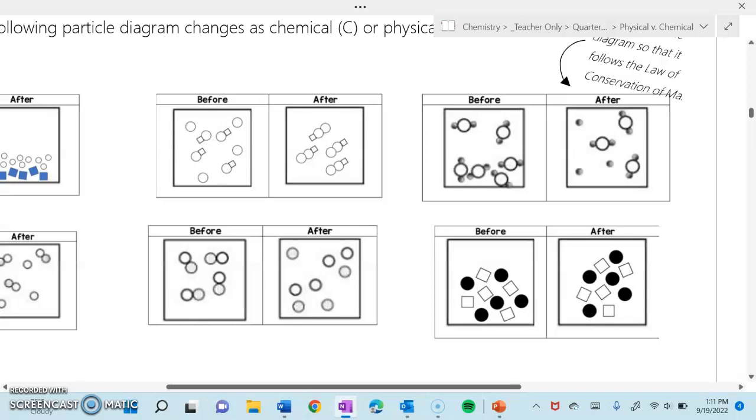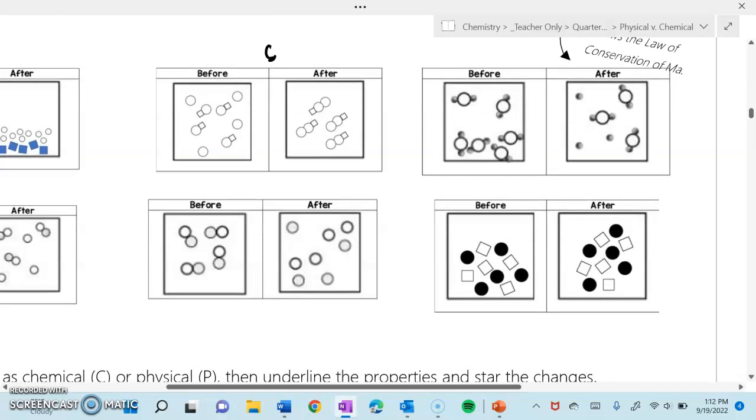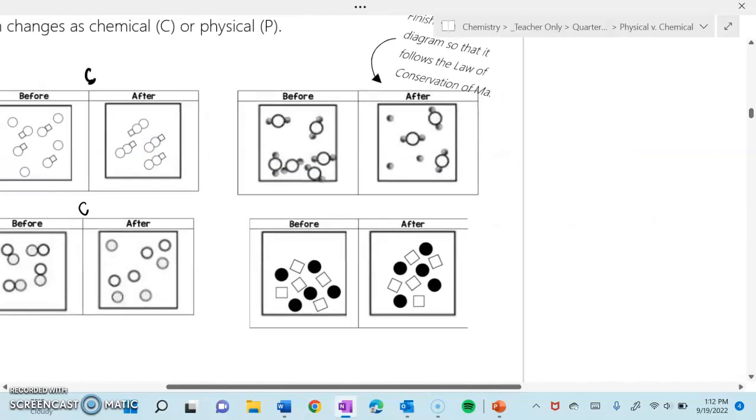So it looks like it goes from a mixture to a compound, forming new bonds. This would be chemical. Underneath looks a lot like what we just previously did, groups of 2, and now they're all broken into single atoms. Bonds broke. This is chemical.